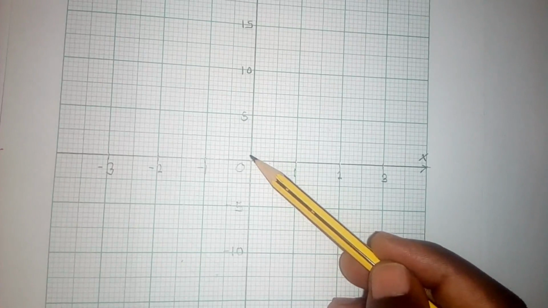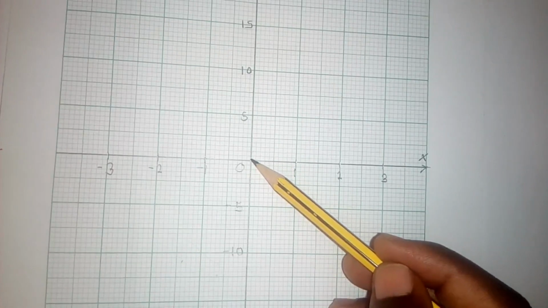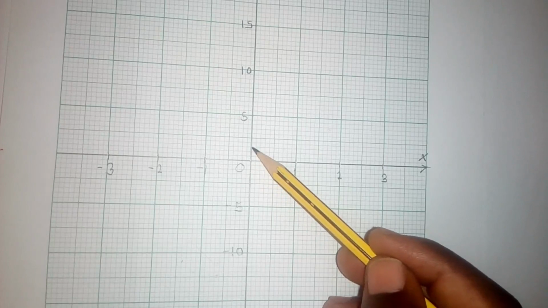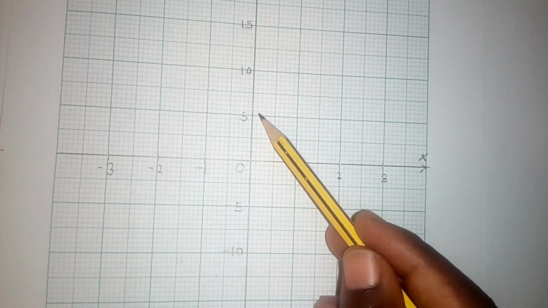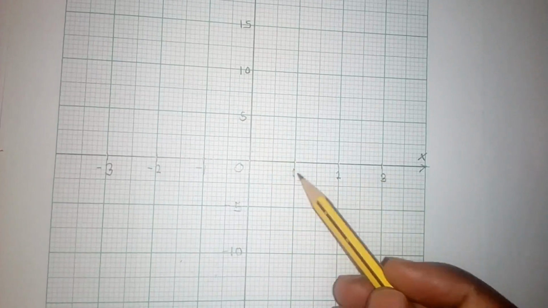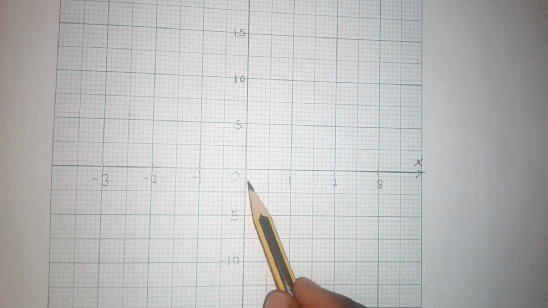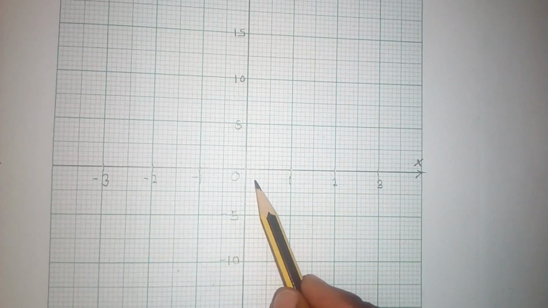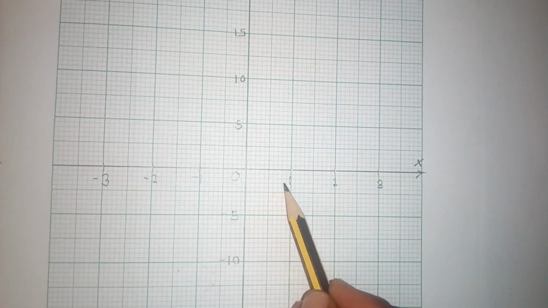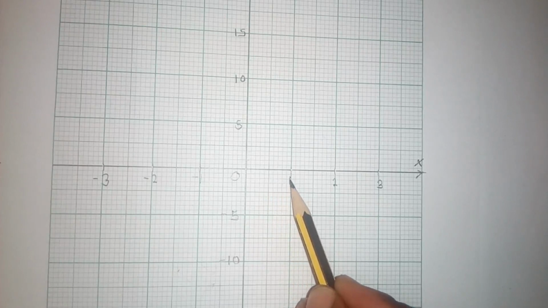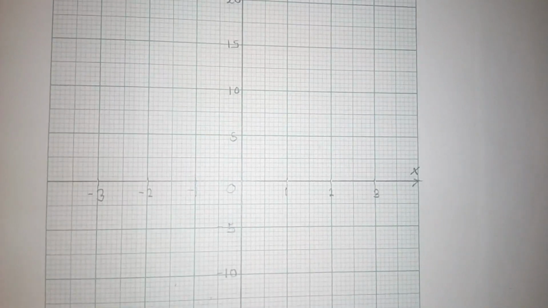That's where 1 is. Or in other ways, I can say each line is 0.5. So if this is 0.5, this is 1, 1.5, 2, 2.5, 3, 3.5, 4, 4.5, and 5. This side, if this is 1, meaning this is supposed to be 0.1, 0.2, 0.3, 0.4, 0.5, 0.6, 0.7, 0.8, 0.9, and then 1.